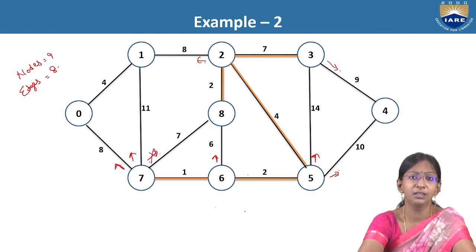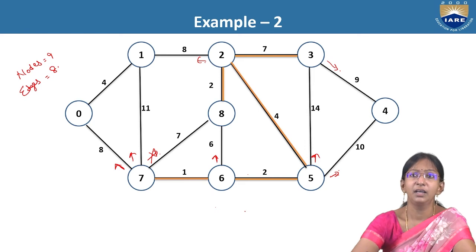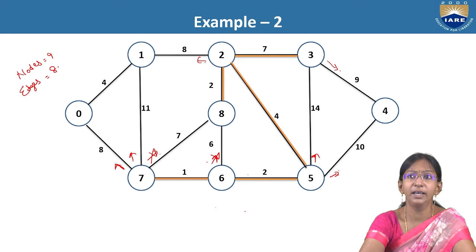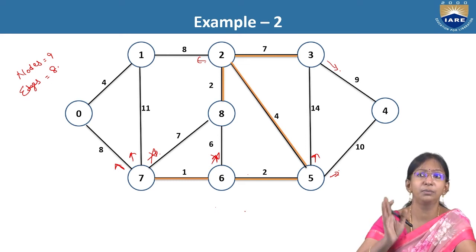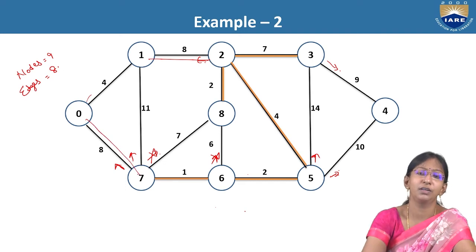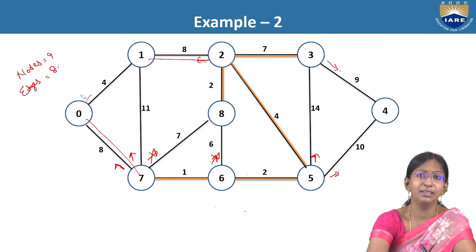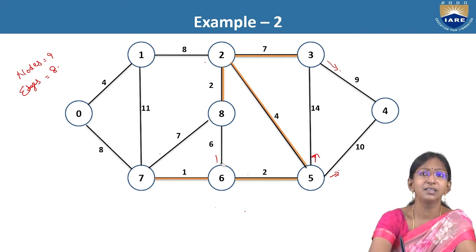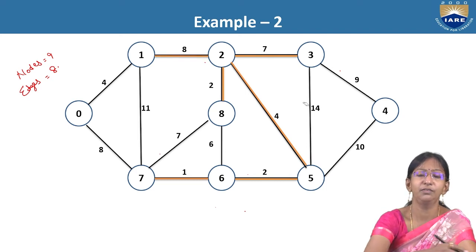It is forming a cycle. Okay, 6, I cannot use as it is forming a cycle. Leftovers are 2 8s, right? So the remaining are higher. One edge is between 1 and 2, the other is between 0 and 7. Selecting either one of them is okay because none of them is going to raise a cycle, right? Choose one. I've chosen between 1 and 2, right?